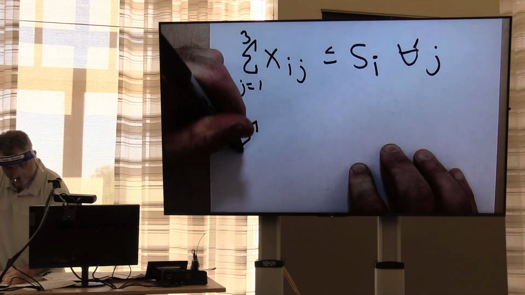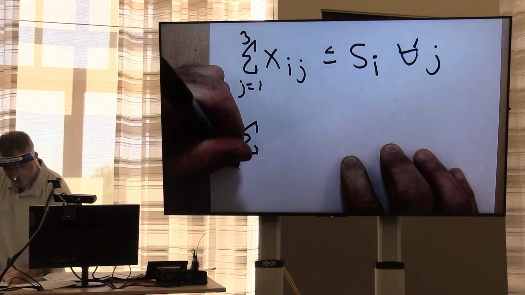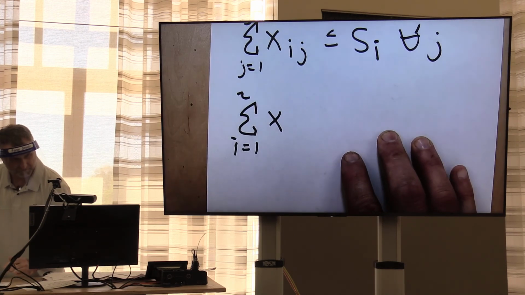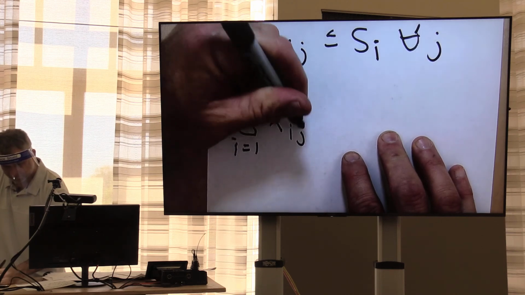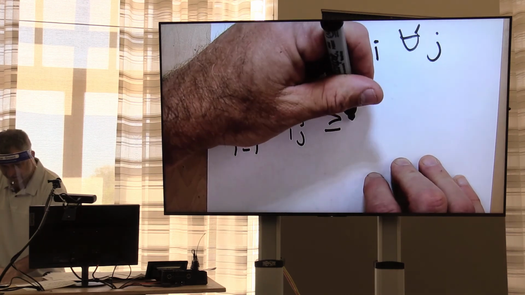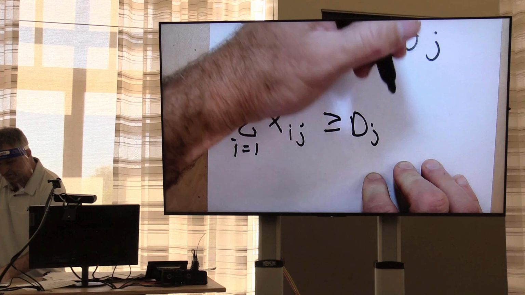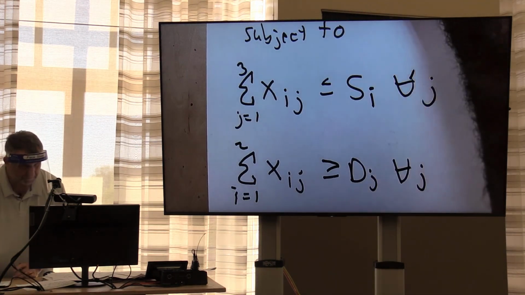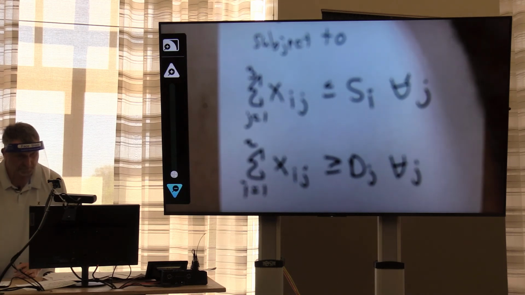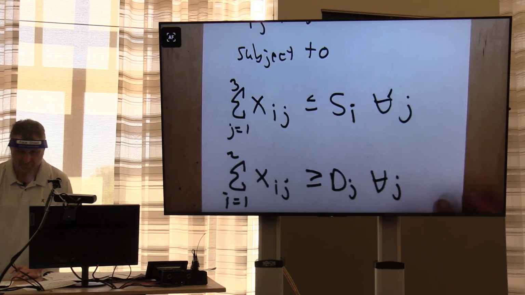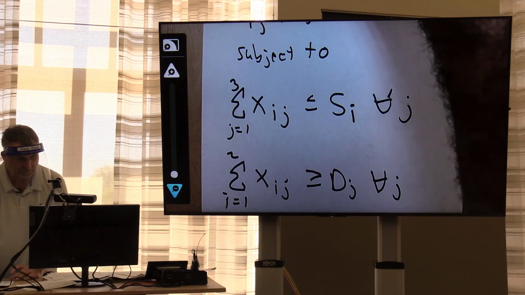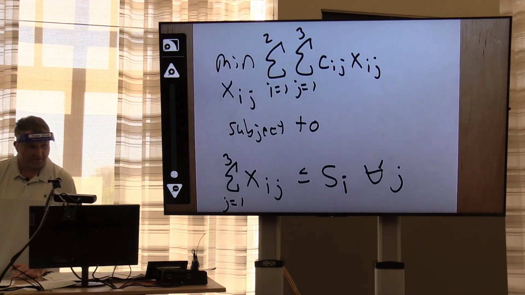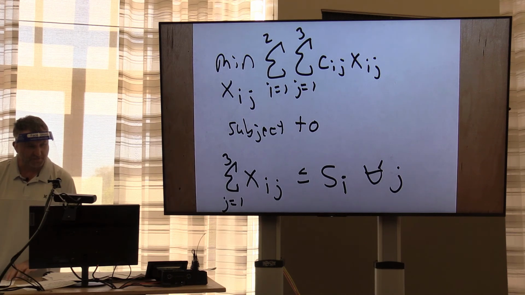And the amount that's sent to any region must be greater than or equal to demand in that region. I can't get it all, but there's our objective function.